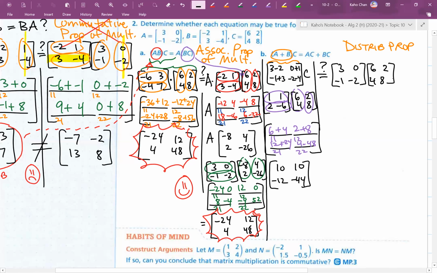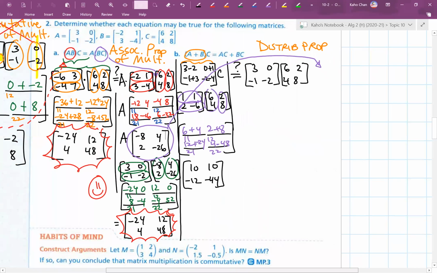Oh, BC is the purple, isn't it? Sweet. BC we did earlier is right here. I'm going to just plop that over here and just add it at the end after I do A times C, okay? So this is plus negative 8, 4, 2, negative 26, okay? All right. There's a method to my madness sometimes here. So here we go. We're going to do the AC first, though.